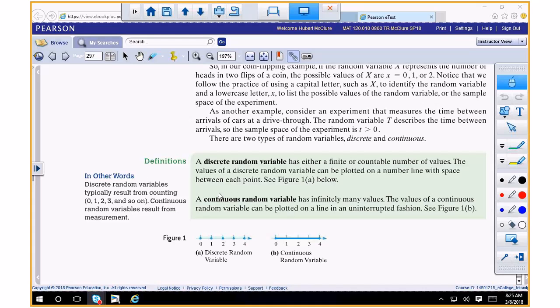Okay, so one's countable, one's not. One has infinitely many values, which means you have a lot of decimals most of the time, and you might want to put decimals, because most of the time your probability distribution is going to be in terms of decimals, not fractions. And those decimals usually go to 4 places. I think you had enough time to at least get that much down.